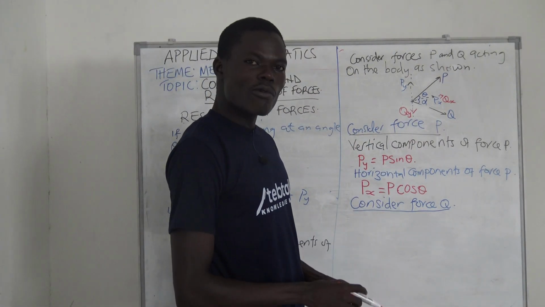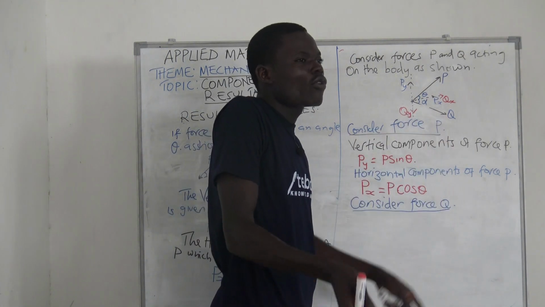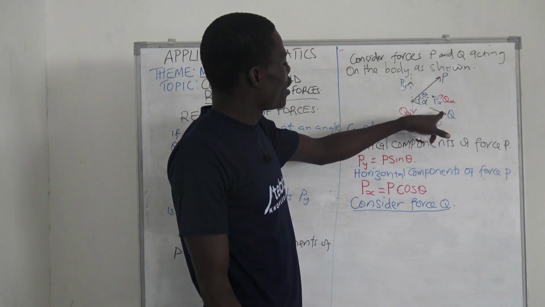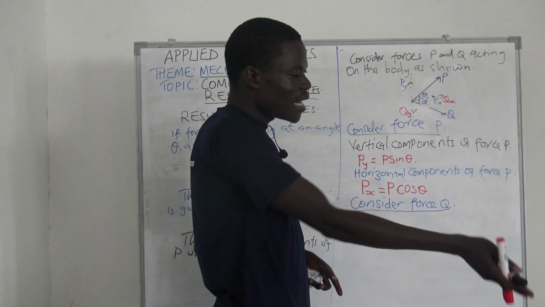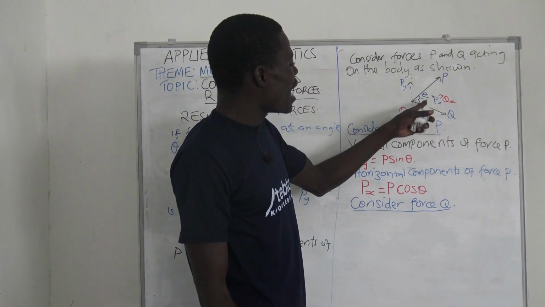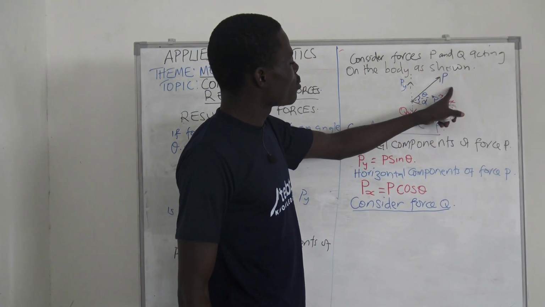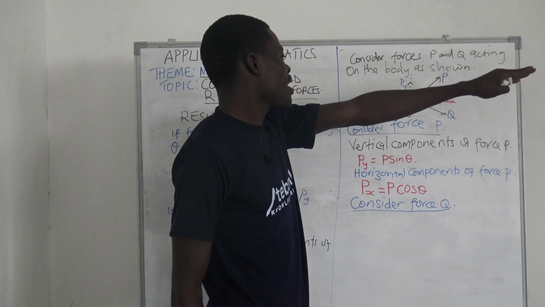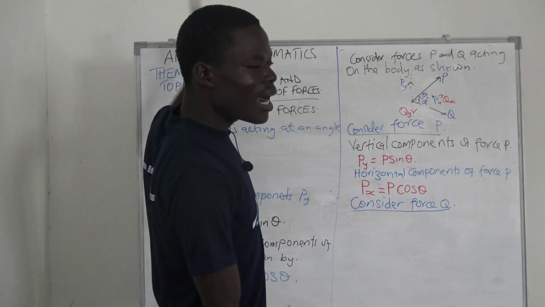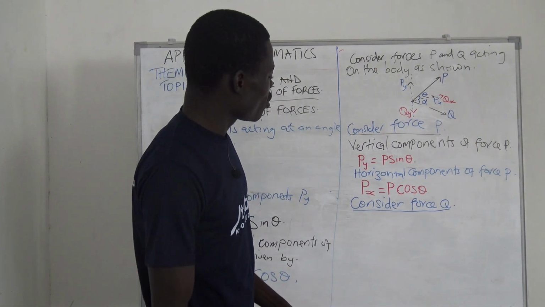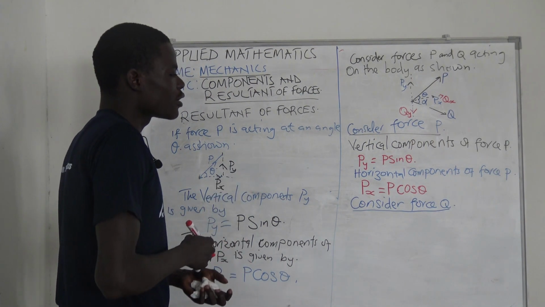But for horizontal, since it still goes to the right hand side, the horizontal component also goes to the right hand side. If it was going this side, then the horizontal component would have come on the left hand side. That's a difference.